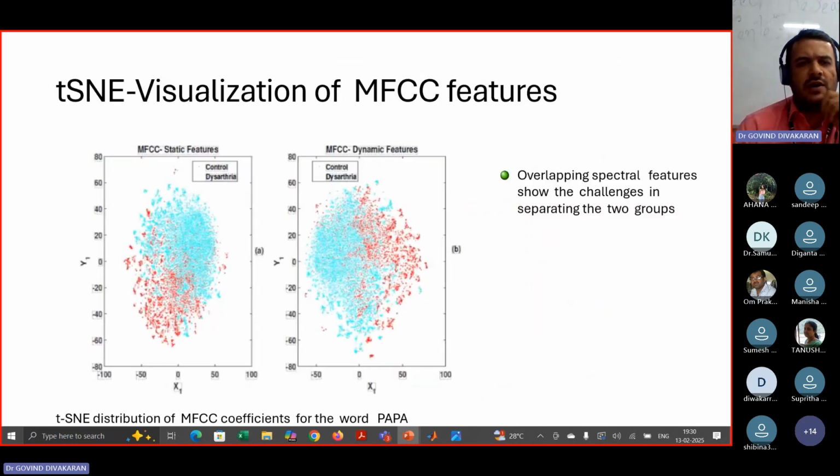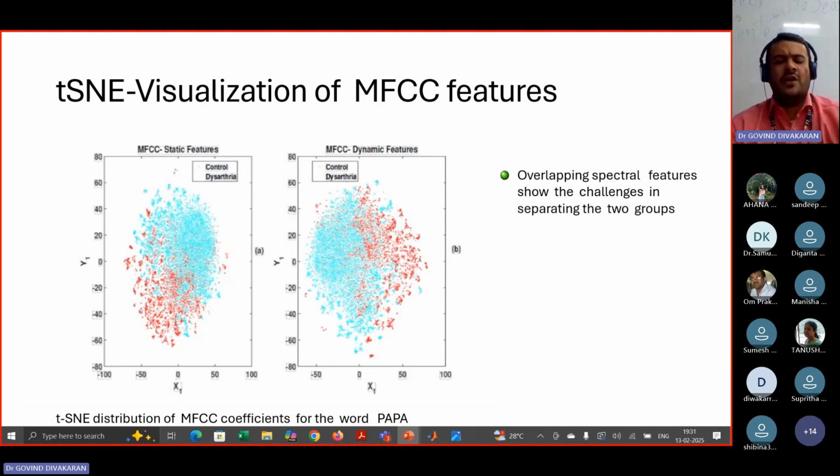Similarly, these are the MFCC features that we have used to develop a system to detect or discriminate between healthy speech and dysarthric speech. This is the test plot.